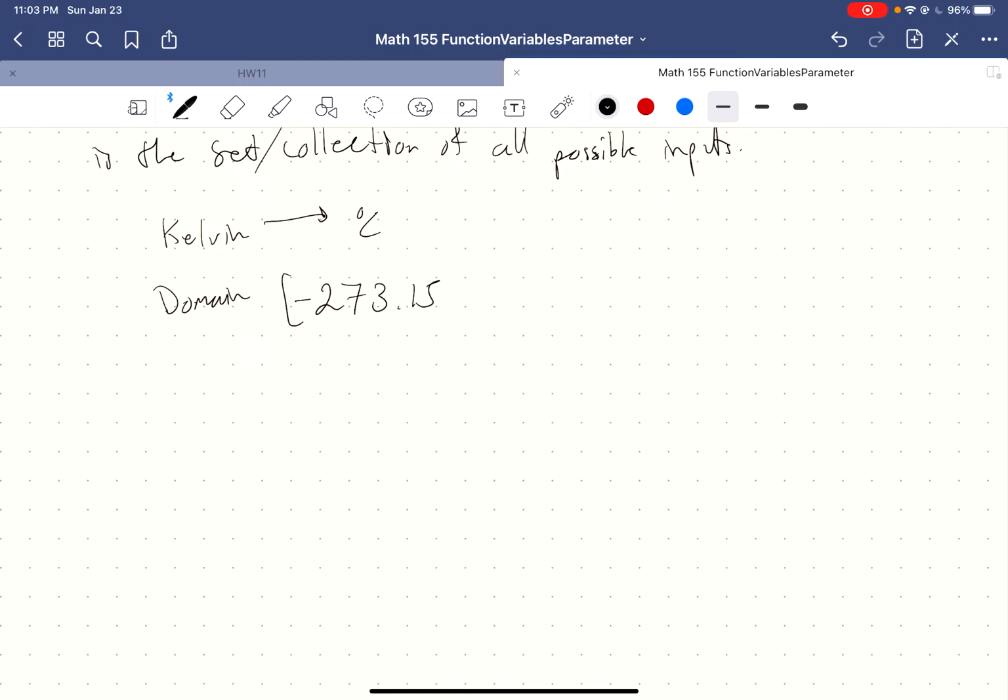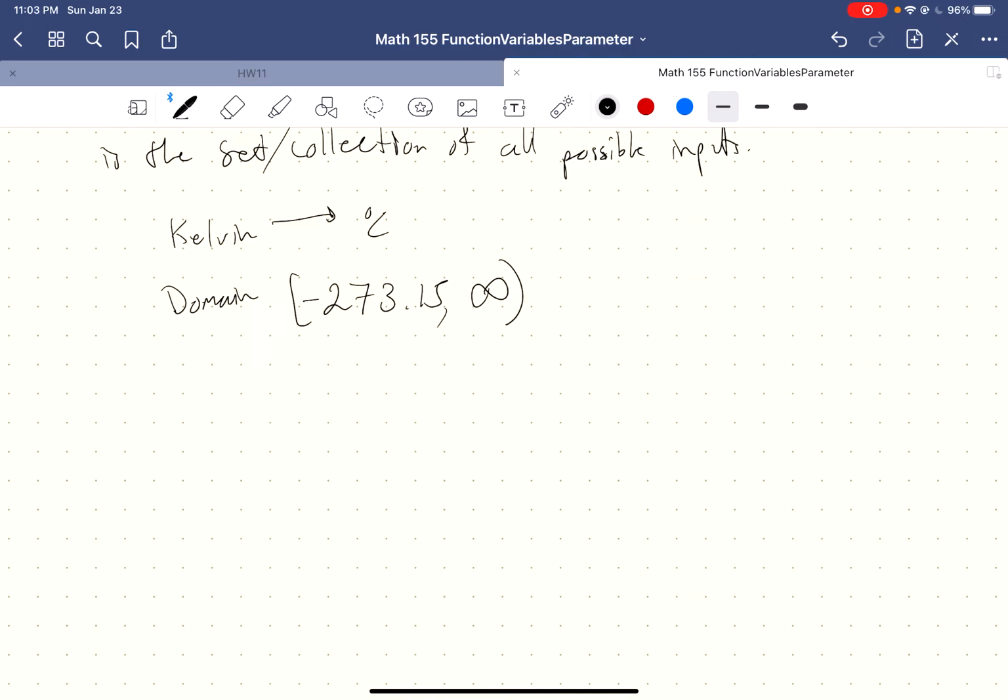There's nothing below that in terms of temperature, but I don't know of a cap to temperature. Maybe you can just keep getting hotter and hotter. So this is all possible temperatures I can plug in. These are all the possible inputs. I could be down at this negative 273.15 Kelvin, or I could just keep on going up and up and hotter and hotter.